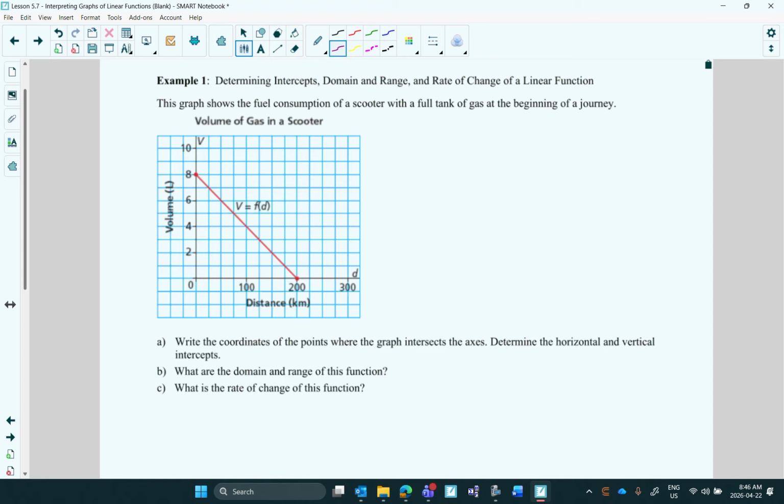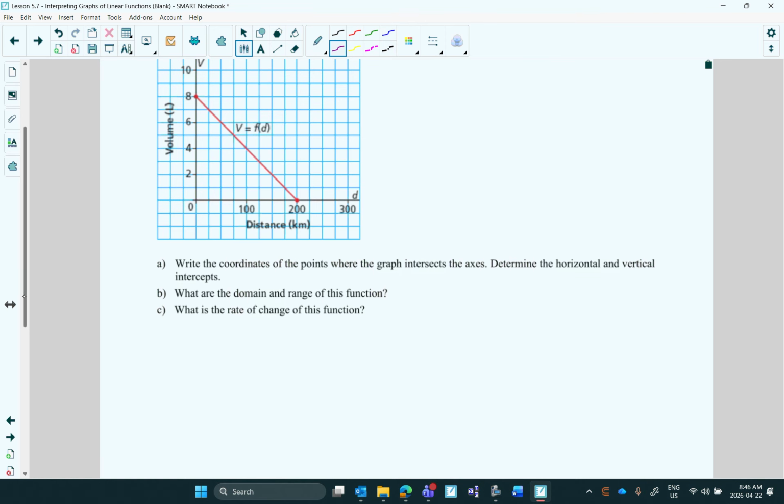Obviously, when you don't travel anywhere, your volume is at its highest, and then as soon as you travel, it goes down to nothing. We want to find the horizontal and vertical intercepts, which we can read right off the graph.